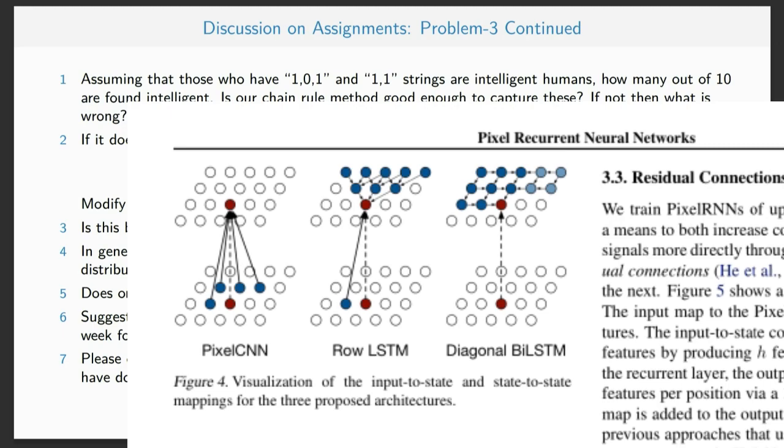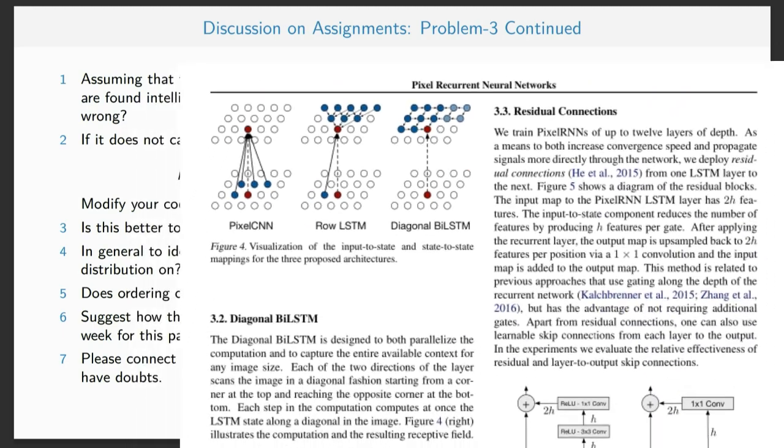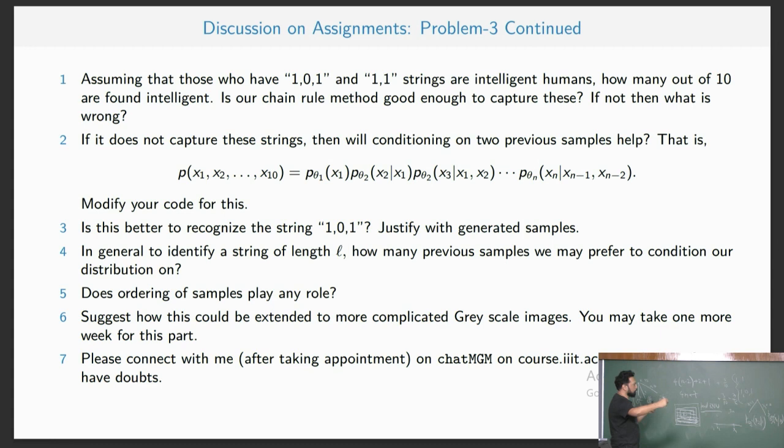If I have seen k pixels, can I predict the distribution when the dependency is on k pixels? Unlike here, where I'm trying to do the maximum likelihood fit based on the sample, you can say it is also a prediction. But if you use a neural network, then it's some nonlinear predictor that is estimating the parameters of your model. So this is more or less the current thing going on, but the initial intuition behind this plain idea will help you a lot.